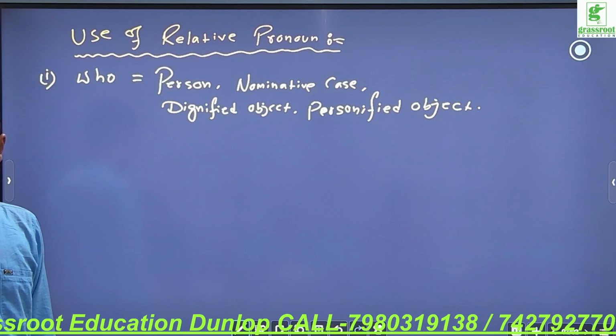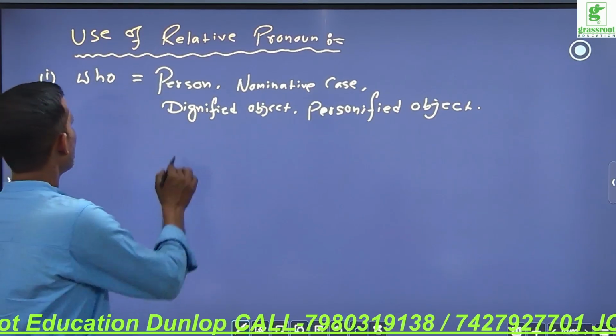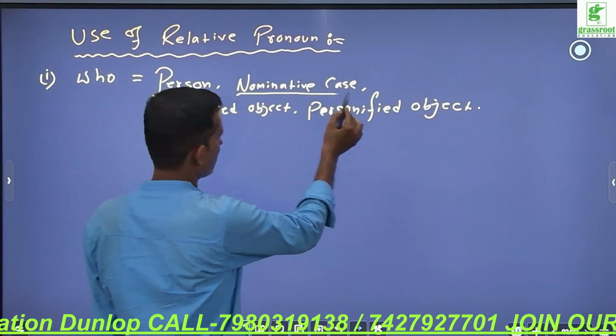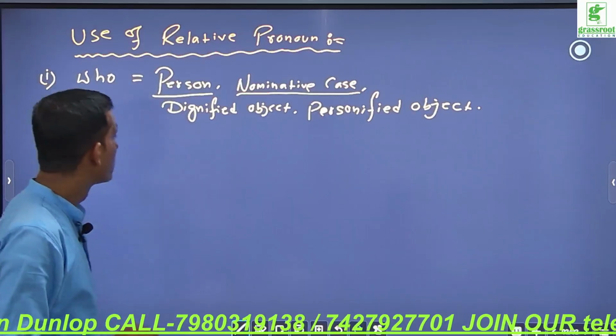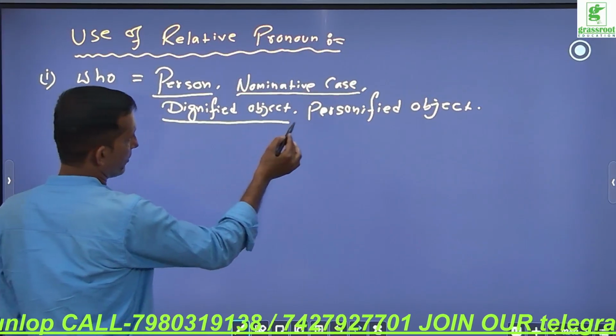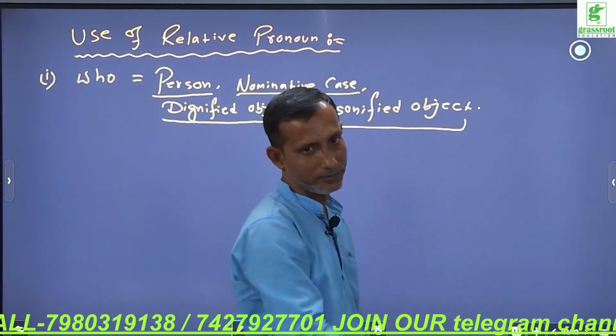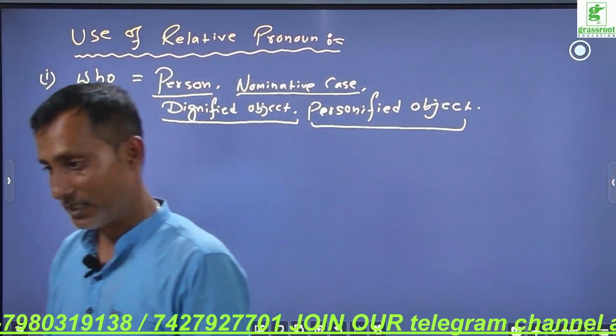Is it clear or not? Who can be used instead of person, in nominative case, that is as subjective form, instead of dignified object, and also personified object. Now write it down.